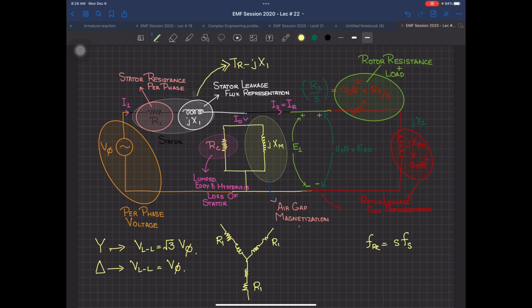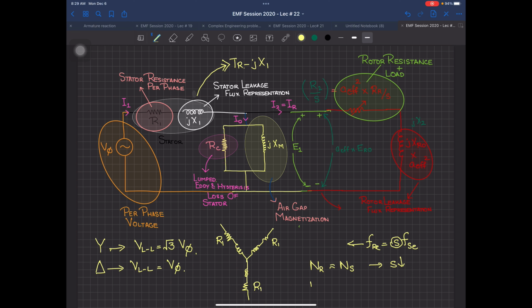If your machine's Nr is close to Ns, your slip is a very small value, so Fr is very small. When the frequency is very small, the eddy current losses inside the rotor are also very small.